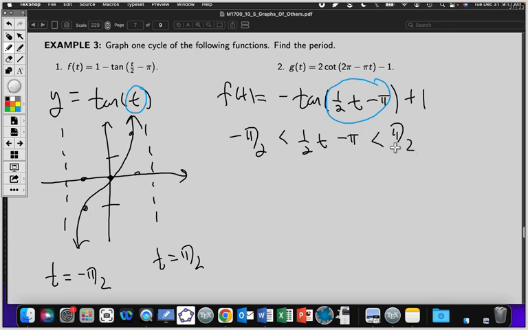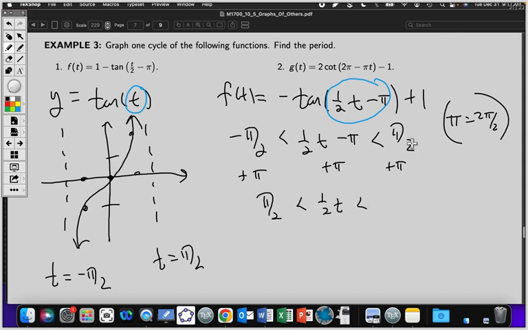The first step would be to add pi through the inequality. Now remember, pi is 2 pi's over 2. So you add up 2 pi's over 2, there would start at pi over 2. 2 pi's over 2 here give us 3 pi over 2. And last but not least, we can multiply through by 2.